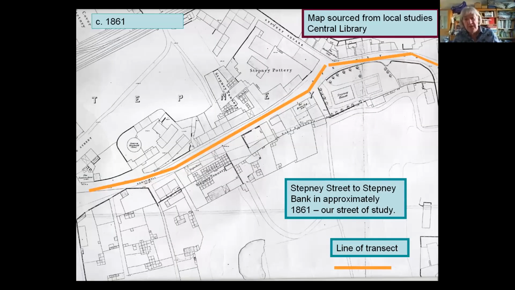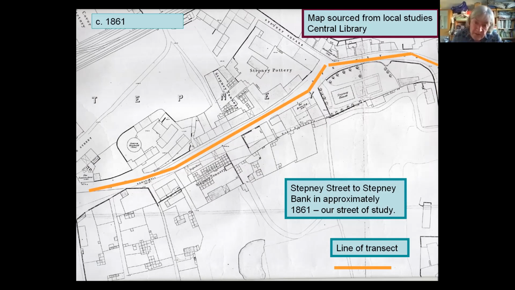So here we've got a map which was sourced from the Central Library in Newcastle. And you can see I've oranged in part of a line of the transect, 1861 approximately. Dates on maps are always a bit difficult to establish because they would have taken time to draw. So your 1861 might have taken quite a while.